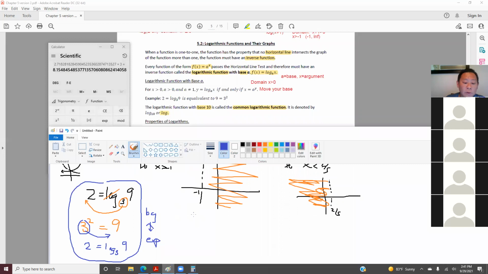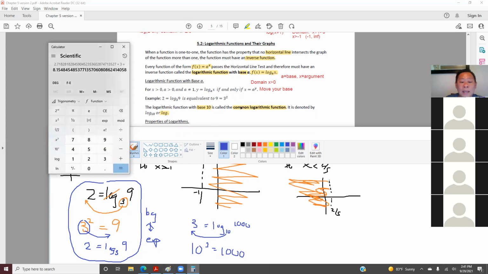So if I give you 3 is equals to log 1,000, and I want you to write this in exponents, this is actually base 10. They don't write the base, but it's automatically base 10. You move your base, so you will get 10 to the power of 3 equals to 1,000. So when you have log by itself, it is base 10.